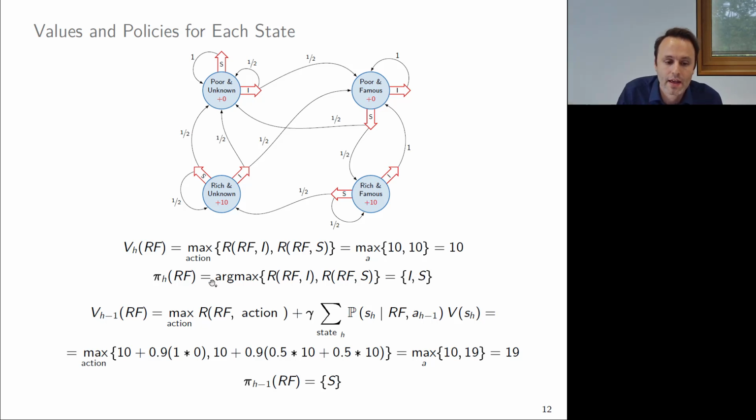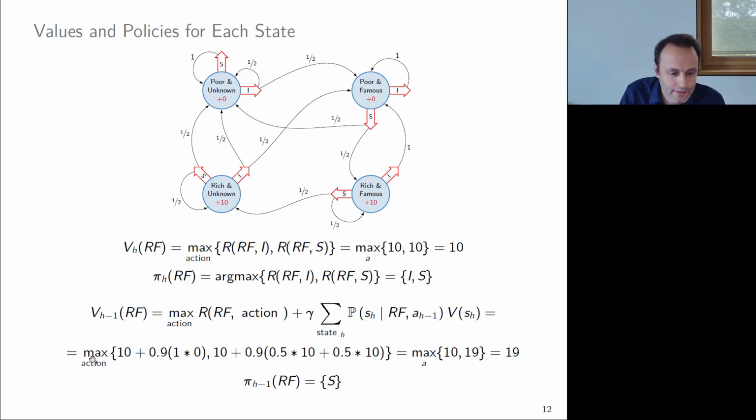It doesn't matter. Now, if we go back one step further, we can write up the expected value of being in the state rich and famous, where we collect plus 10, and then think about, depending on which action we take, where we end up in the next state and what our discounted expected rewards will be there. Here I wrote this up.